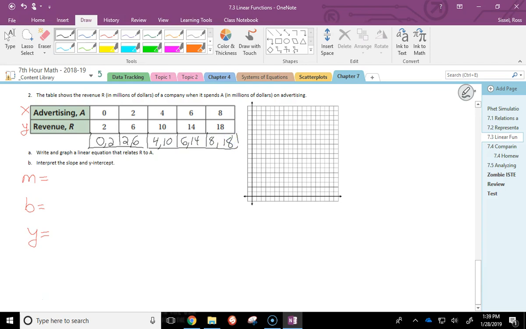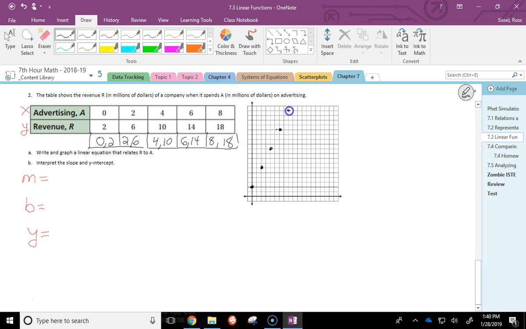Since I have coordinates, I'm just going to go ahead and graph them. 0, 2. And then I'm going to 2, 6. 4, 10. 6, 14.